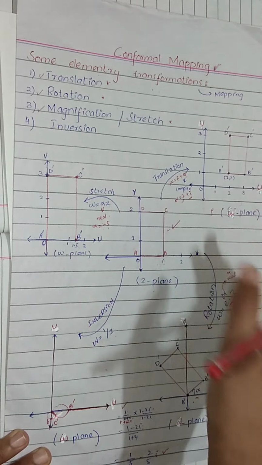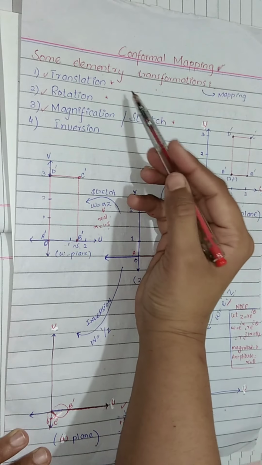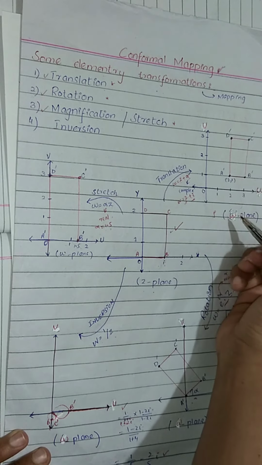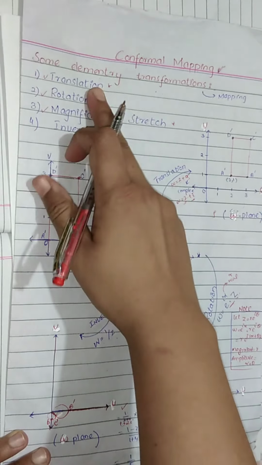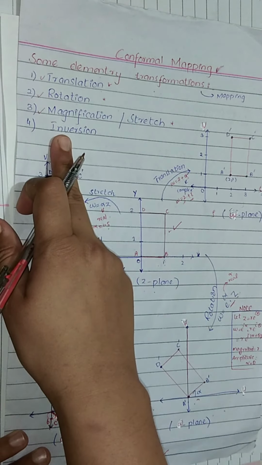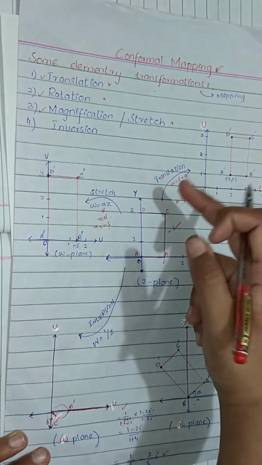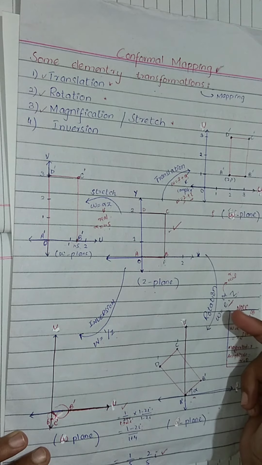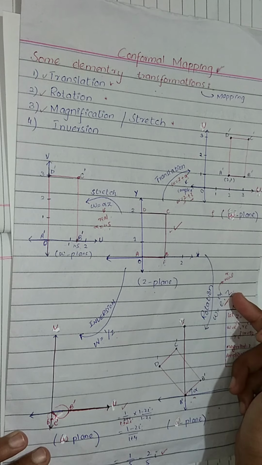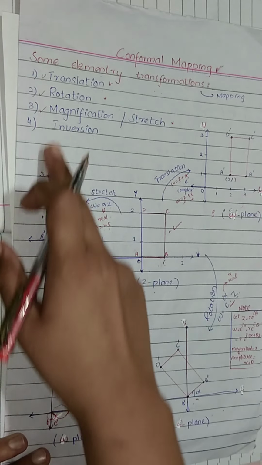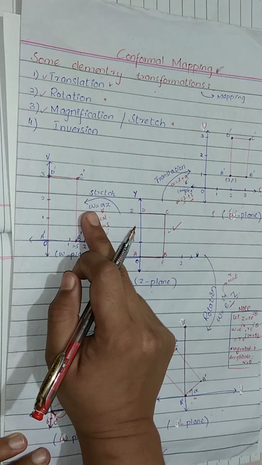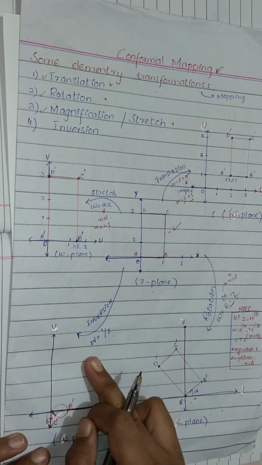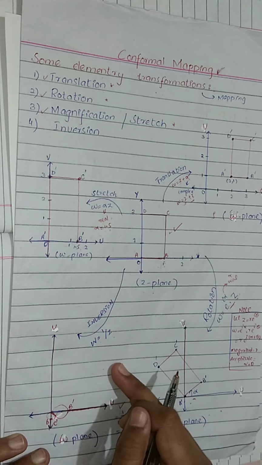There are 4 conditions to transform our Z plane graph into the W plane graph: translation, rotation, magnification and inversion. For translation, W is equal to Z plus alpha. For rotation, W is equal to e raised to iota alpha times Z. For magnification or stretch, W is equal to alpha Z. And for inversion mapping, W is equal to 1 over Z.